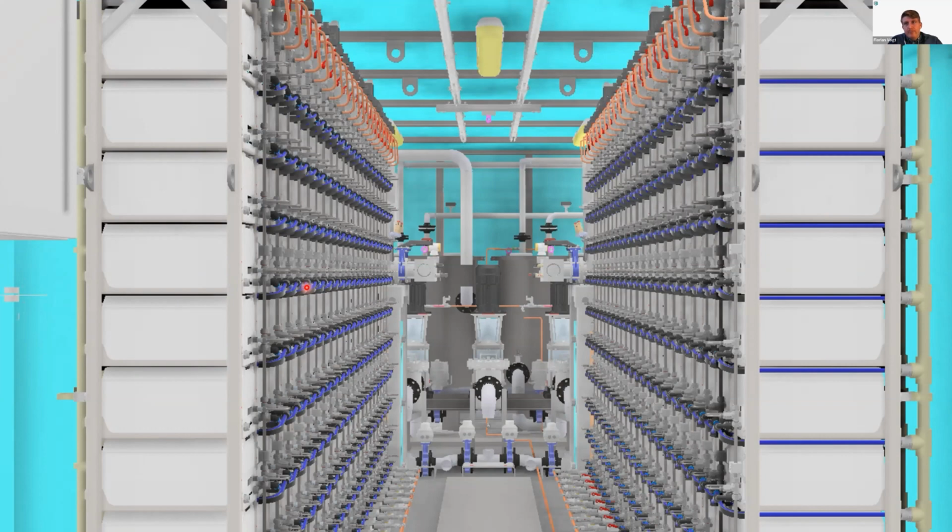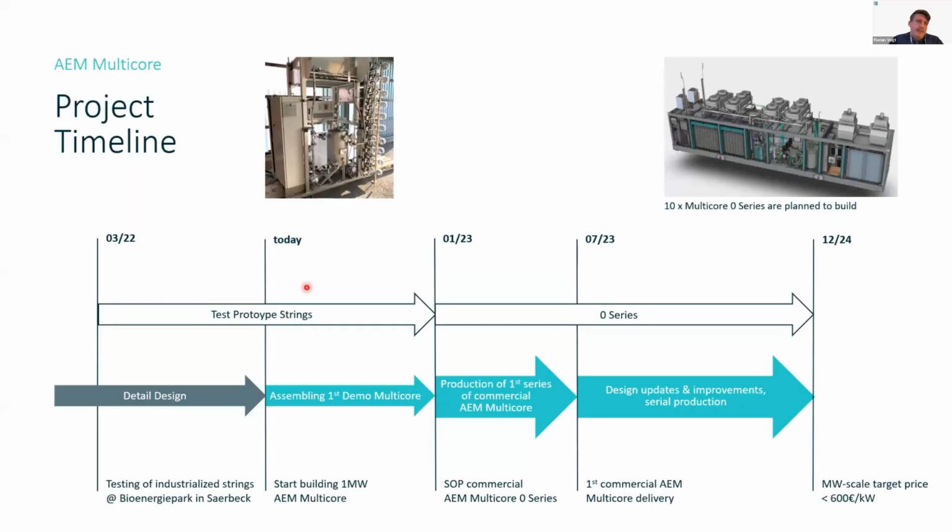Now I will come to the project timeline, where we are and what our next steps are. So you can see we have finished our detailed design phase. We are now in the process of starting to assemble our first demo multi-core. For this, we have a build partner already chosen.